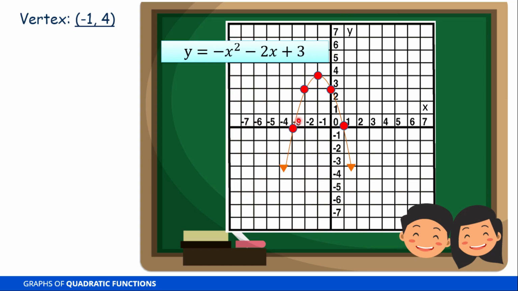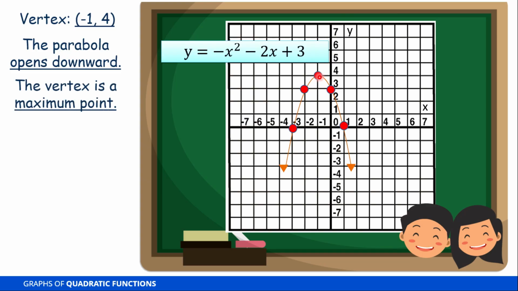Next, our parabola opens downward. Okay? And kapag ang parabola opens downward, ang vertex natin ay tinatawag nating maximum point. So again, kapag ang parabola opens downward, ang vertex natin ay tinatawag nating maximum point.